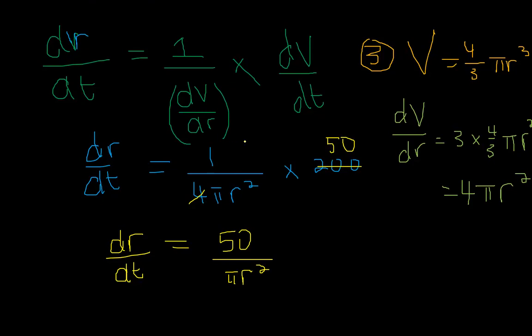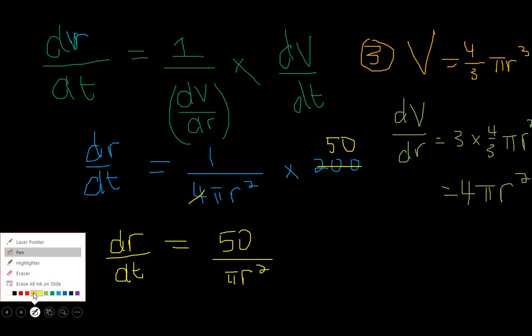Just remember that the question asks you for the answer in terms of pi. So that's why I left it as 50 on pi r squared instead of actually finding the decimal for 50 divided by pi, right? But we don't leave our answer like that. Why?